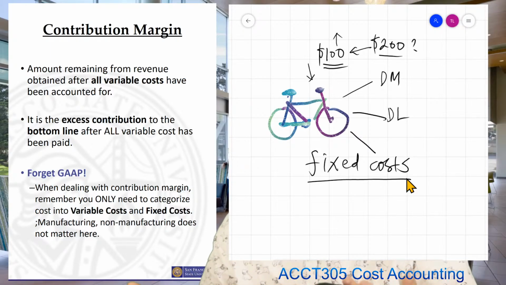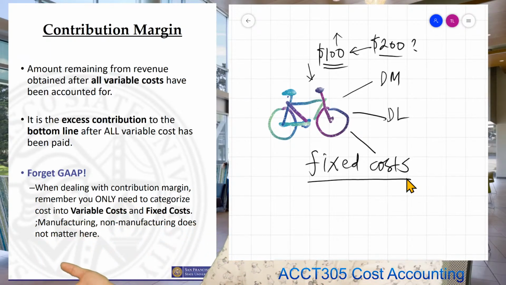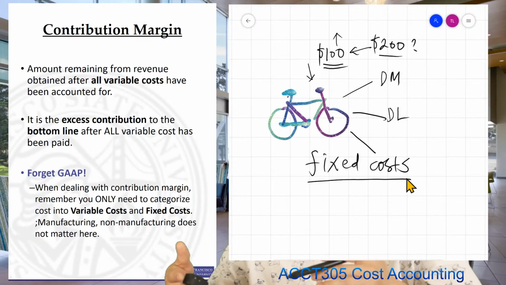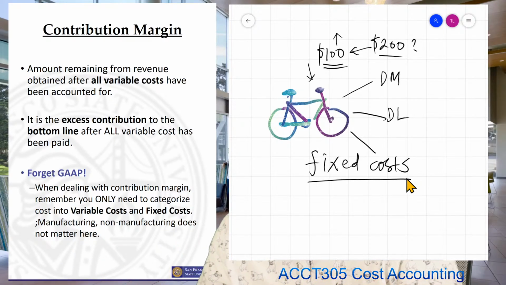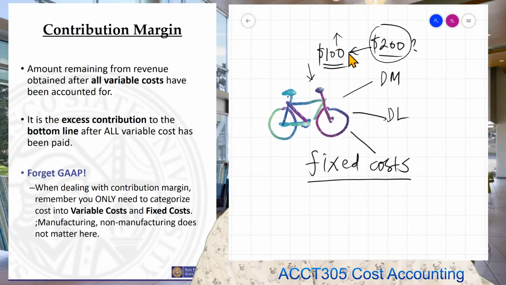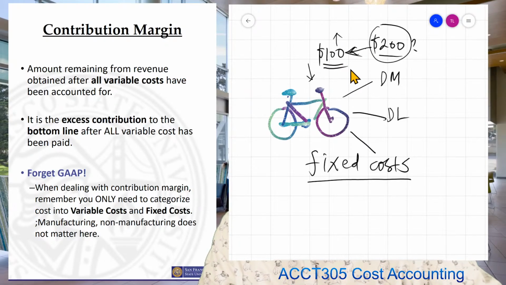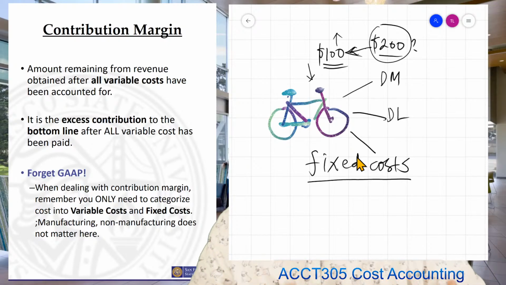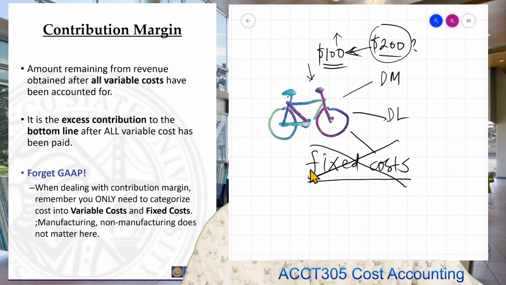The fixed costs, that I pay the rent, right, for my factory, the fixed costs that I buy the insurance, right, for this job. So whether this $200 sales price, after considering all the variable costs of $100, is going to cover the fixed costs, this is something that we do not yet know, right?